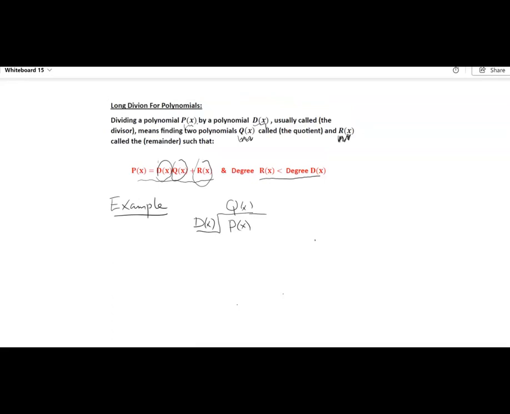We're now going to look at an example to illustrate how long division of polynomials is performed. We will look at the following example in which p of x is equal to x cubed plus 3x squared plus 5x plus 3, and d of x is equal to x plus 2.